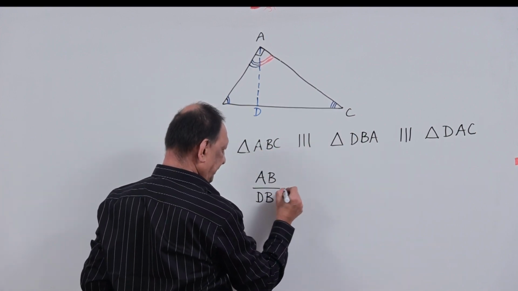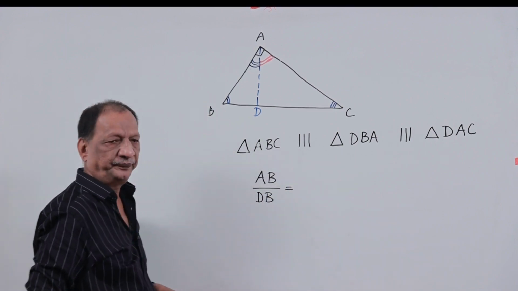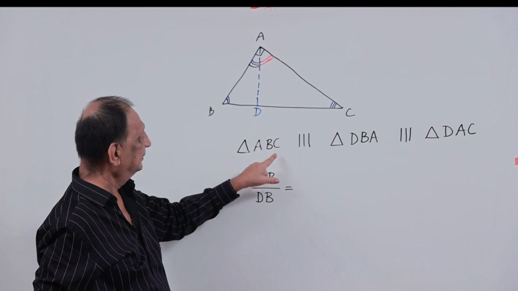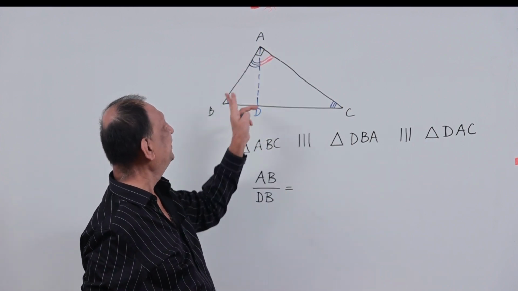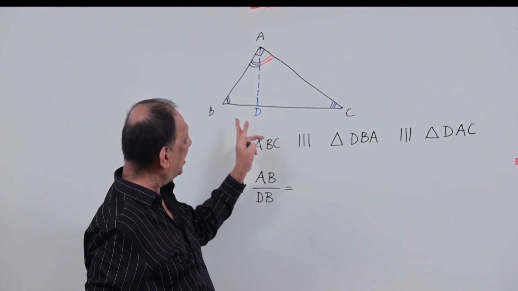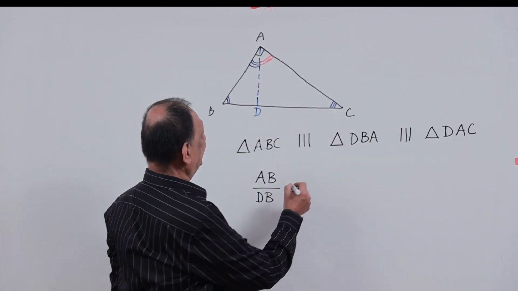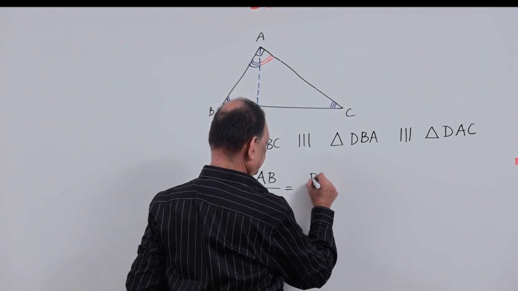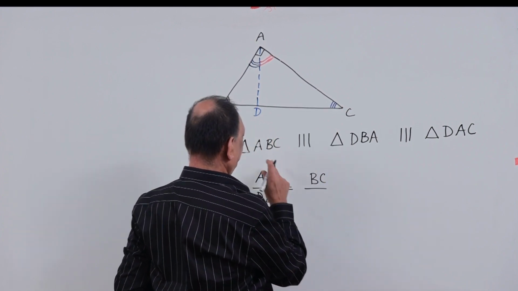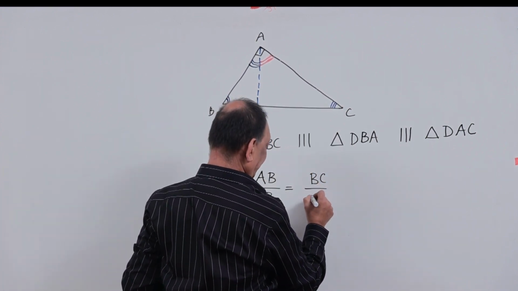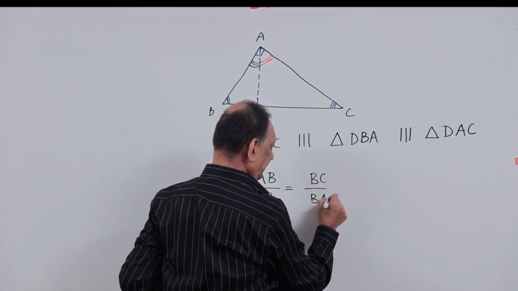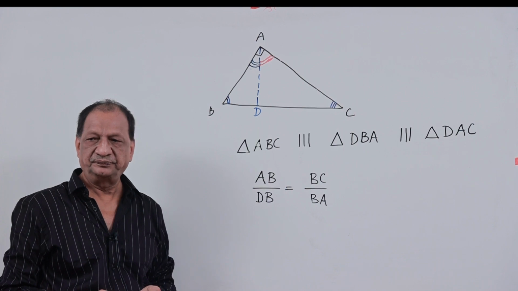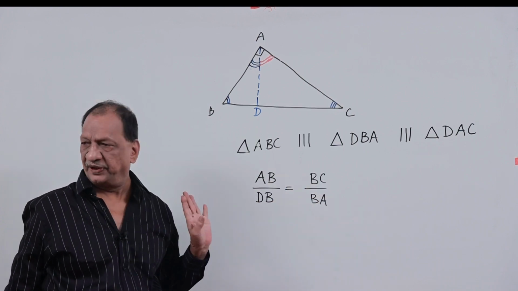DB equals, and the other side in ABC, or if you take DBA, would be interested in BD, or in the case of ABC would be BC. BC, next two letters is BA. Correct? These ratios are same.